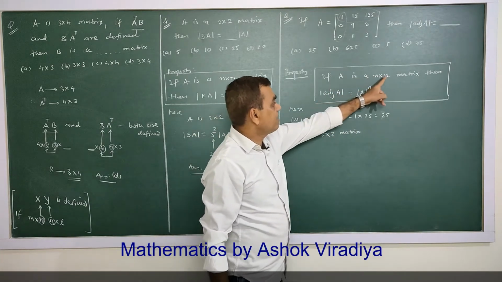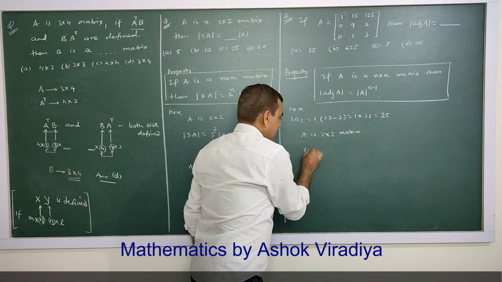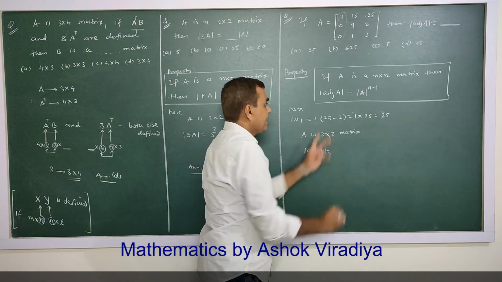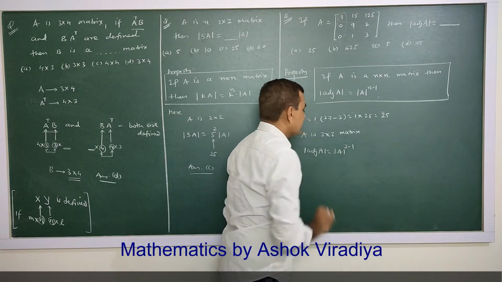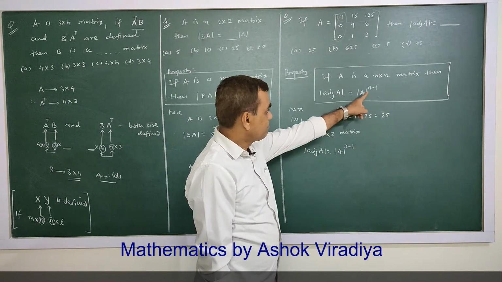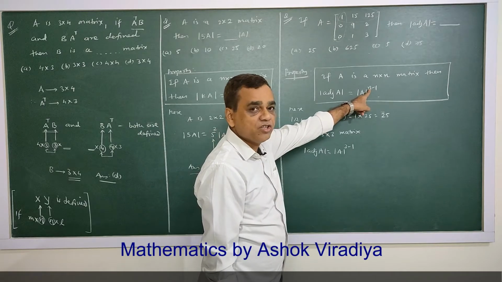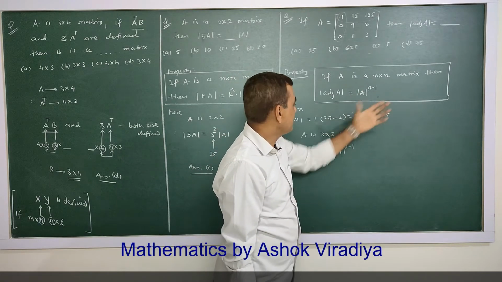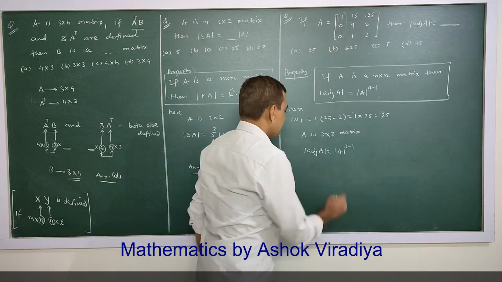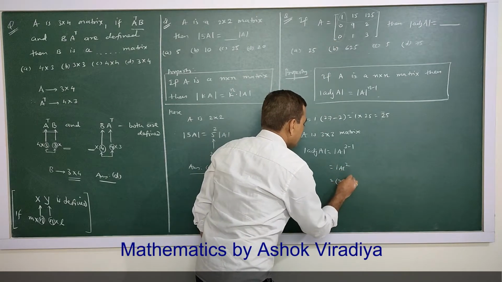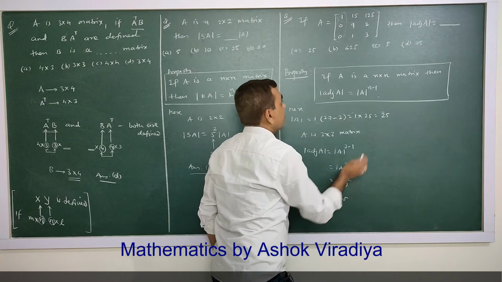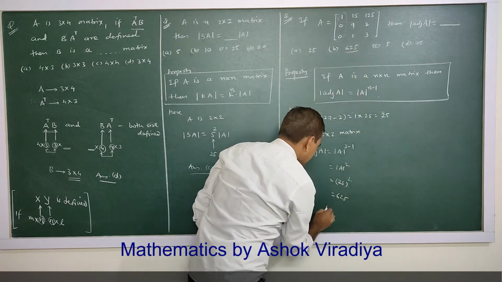If A is a 3 by 3 matrix, then determinant of adjoint of A is equal to determinant A raised to 3 minus 1. In this property I replace n by 3 because it is a 3 by 3 matrix. So it is determinant A square, that is 25 square, so 625. So answer is B.